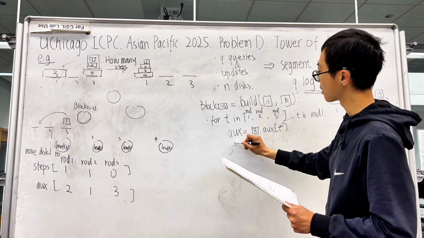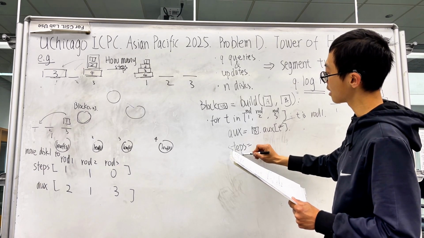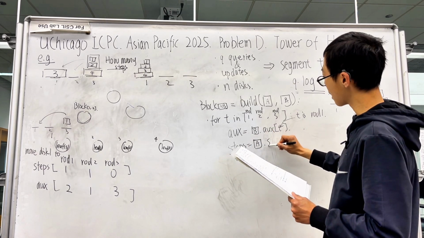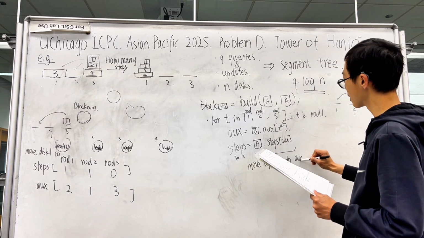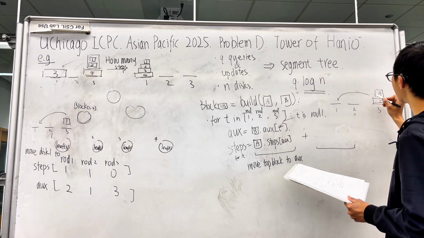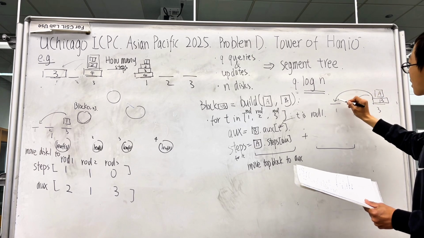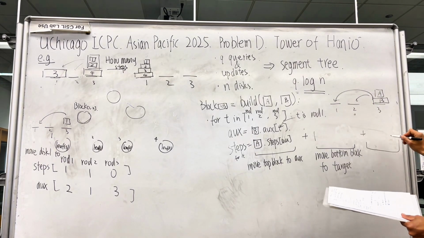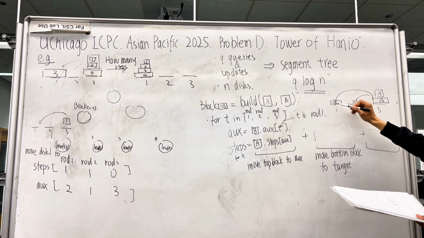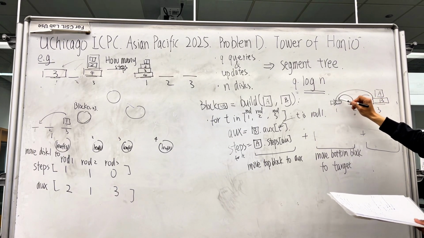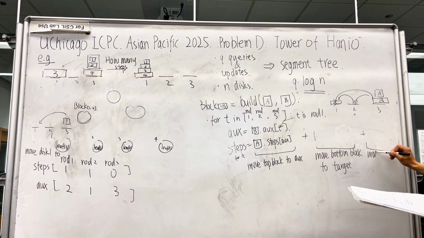And the steps will equal to, for the target of T, the top block's steps to move the top block to the auxiliary position, and then plus moving the bottom block B to the target position. And then what's the last part? So once we moved A here and B here, the last part is to move A on top of B, which is moving to the target position.